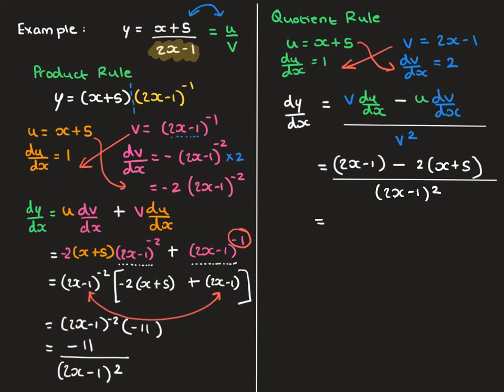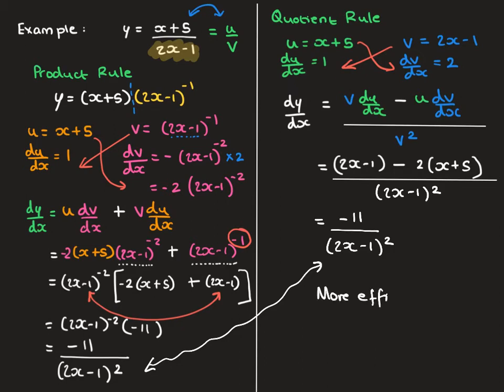Now simplify the numerator and you'll find very quickly you get negative 11, and then we have negative 11 over 2x minus 1 all squared, which is the same answer that we got here using the product rule, but with far fewer steps of working. So it's a much more efficient way of differentiating a function that is expressed as a quotient.